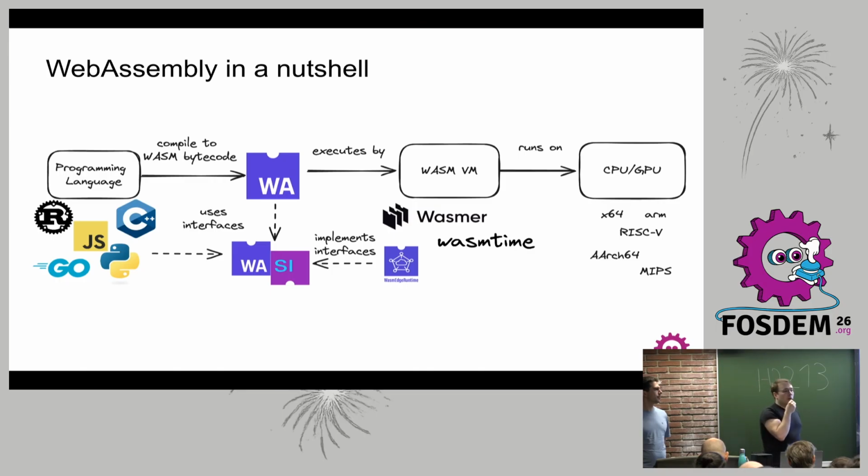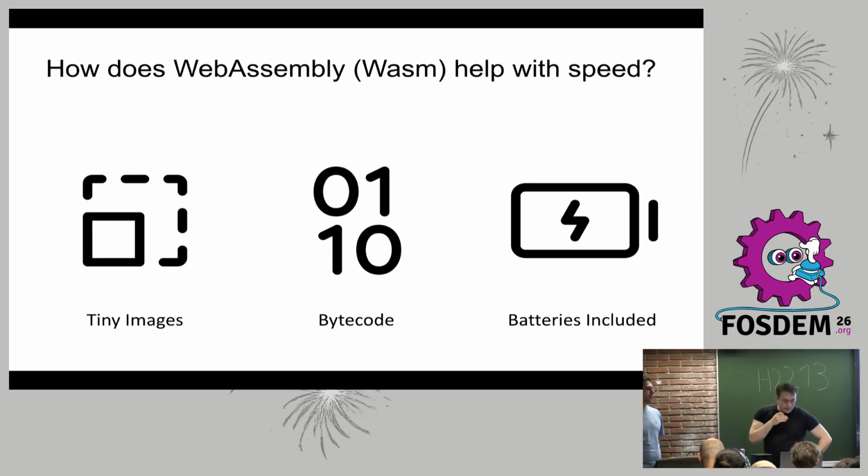As you maybe know, it was initially built for the browser to run low-level code safely in the browser. They do a lot of things to make it safer and differentiate from Java applets, which are notoriously dangerous to run in the browser. They also did something on the structure which makes it easy to start interpreting the WebAssembly while it's downloading. So that's a good thing to go over.